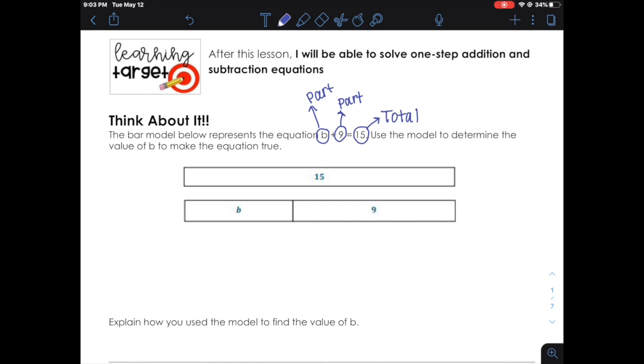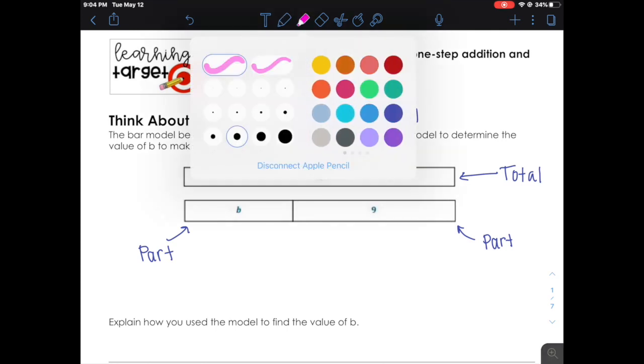So the 15 is representing the total, the top bar is representing the total, and then we have two parts on either side on the second one. So our goal is to figure out what b equals.